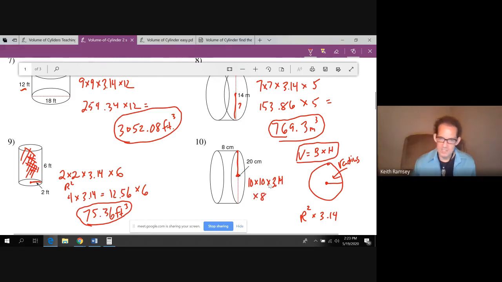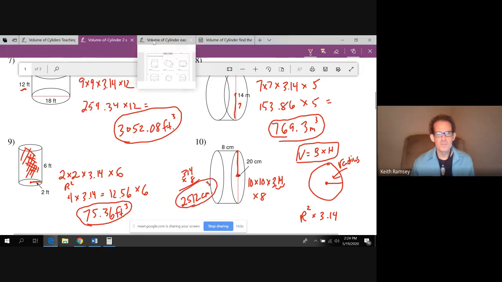So you know 10 times 10 is 100. And I'm going to move my decimal 2 spaces for 100. So I just have 314 times 8. And I know that's 2,512 cubic centimeters for number 10.